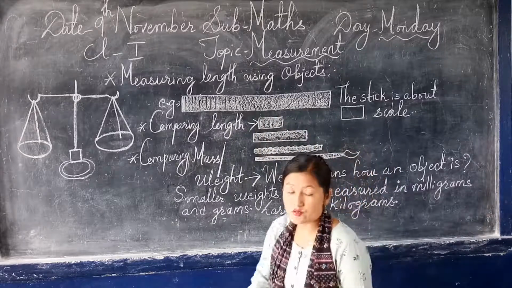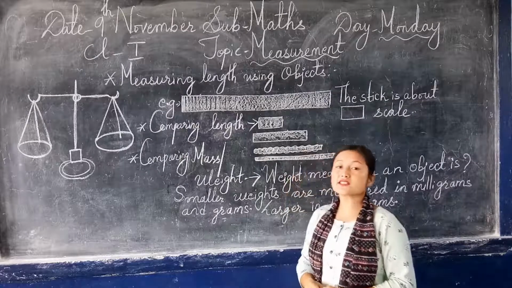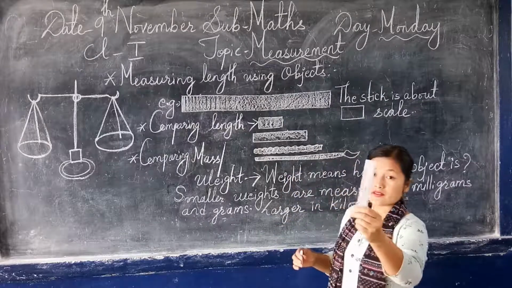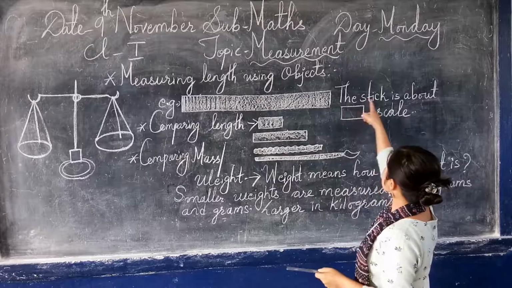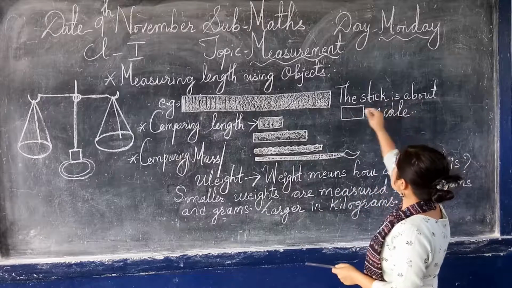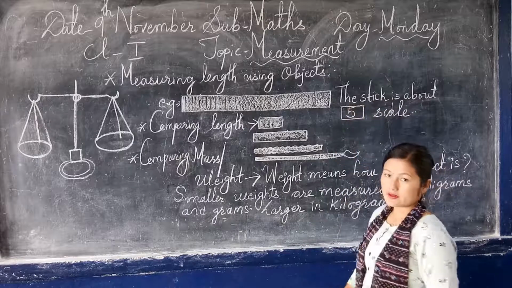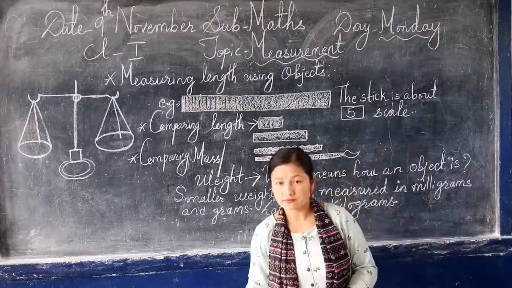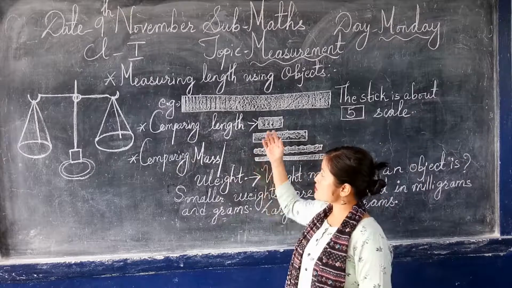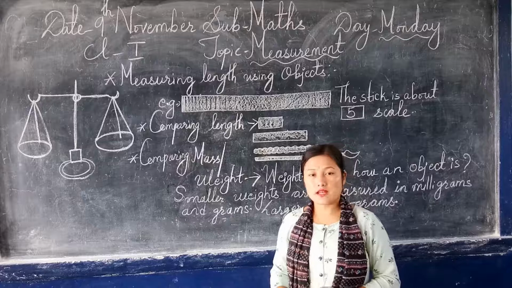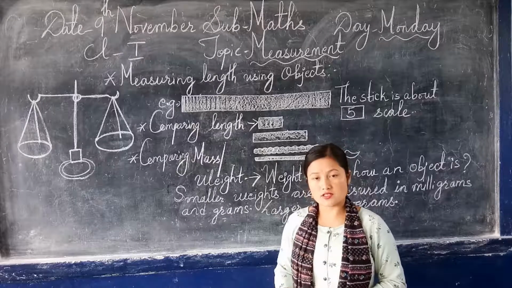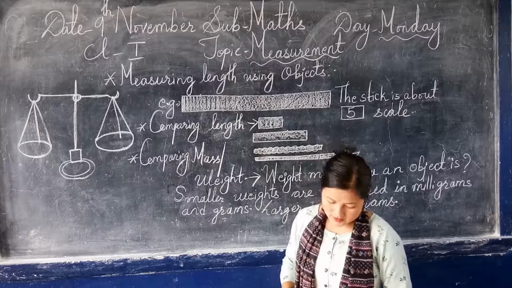Otherwise 4.5, also you can say it is 5. It is about 5 scales. The stick is about 5 scales. So this is the way we measure the length of an object.